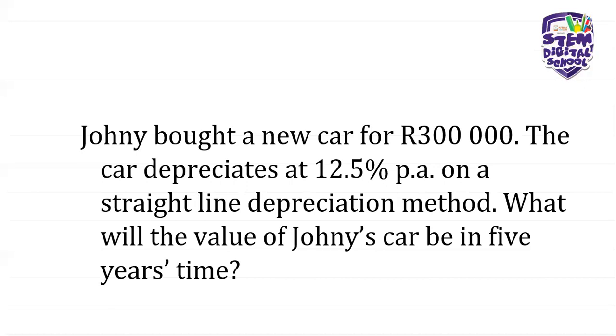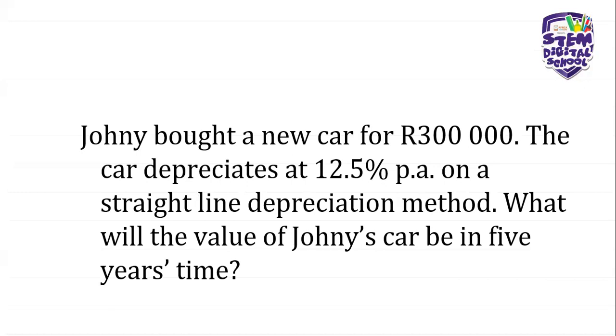And this 0.625 will be subtracted from 1, where you'll have 0.375. And then if you multiply this 0.375 by 300,000, you will see that your amount automatically becomes 112,500 rands.